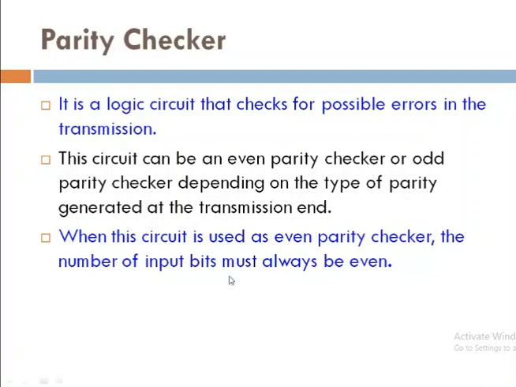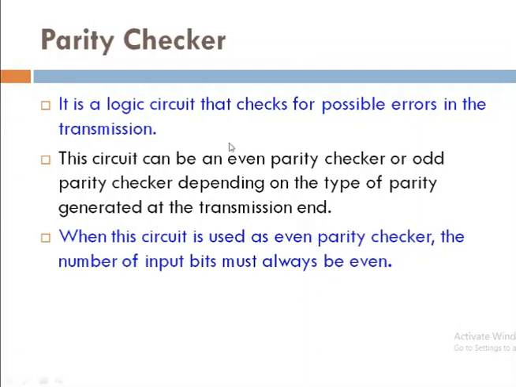It is a logic circuit that checks for possible errors in the transmission, so whatever data is received at the receiver end, it has to check this data. So this circuit can be an even parity checker or an odd parity checker, depending on the type of parity generated at the transmission end.